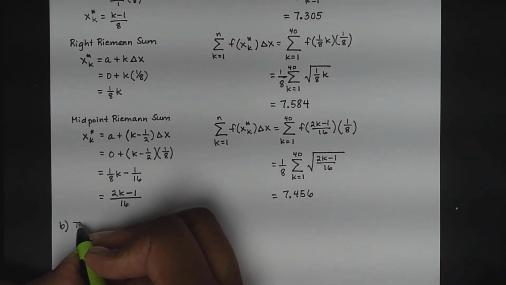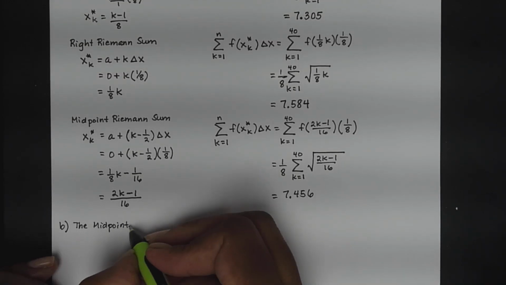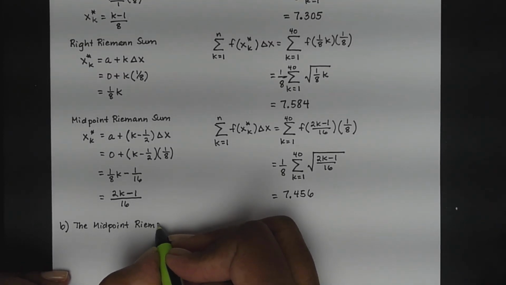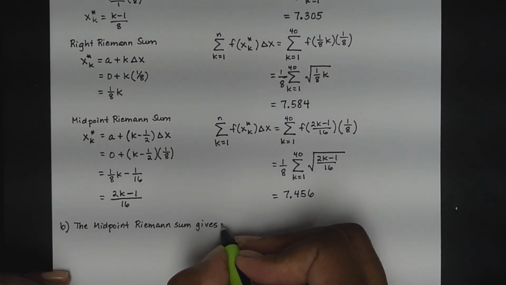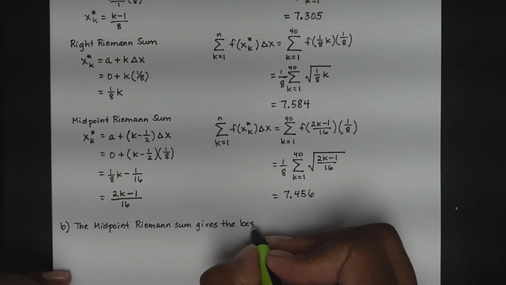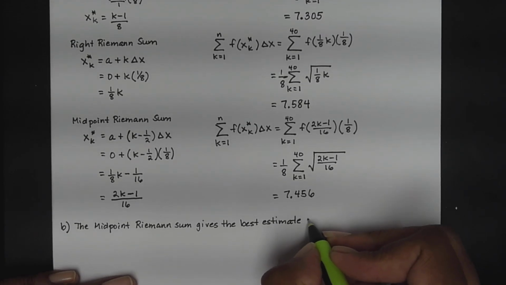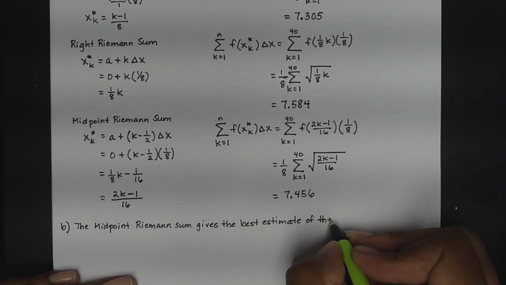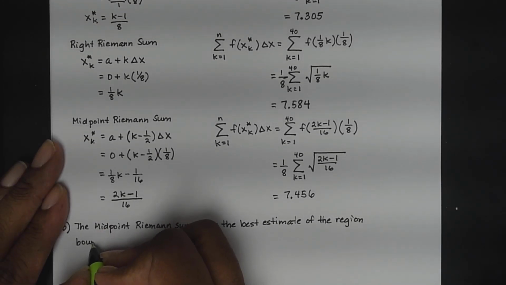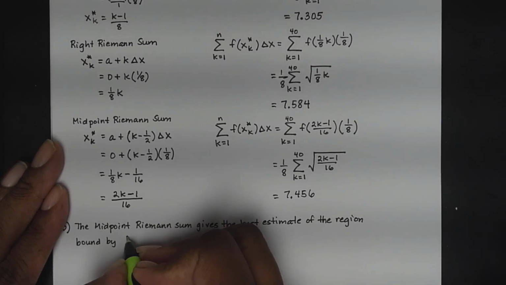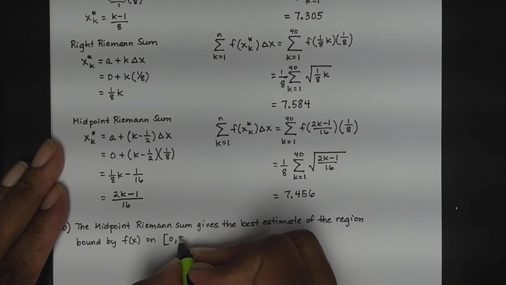So we're going to say here that the midpoint Riemann sum gives the best estimate of the region that's bounded by f of x on this interval 0 to 5.